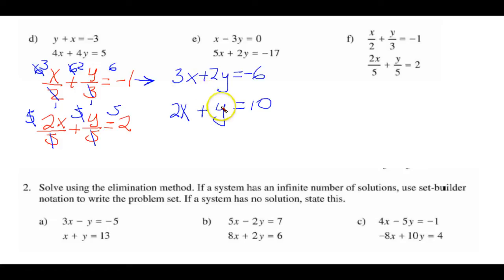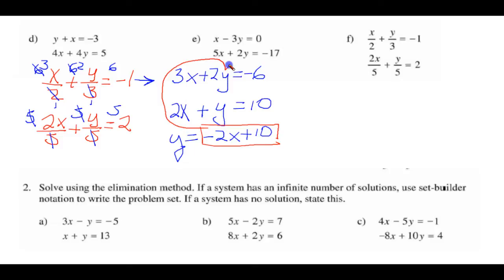So now we see we have a y. So here we're going to solve for y by bringing over our 2x, which becomes a -2x plus 10. Now this will be our value that we're going to substitute into the other equation. So now let's do that in class and see what we get.